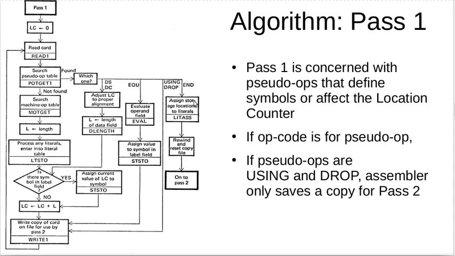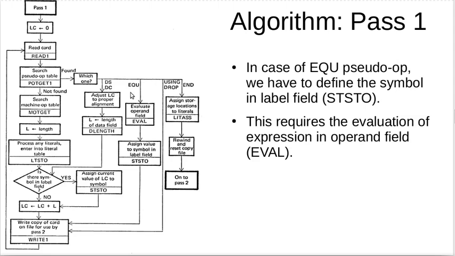There are different categories of pseudo op, and the processing will depend on the category of the operation. If the pseudo ops are USING or DROP, then the assembler will only save a copy for pass 2 and move on. In case the pseudo op is an EQU pseudo op, then we have to define the symbol in the label field.